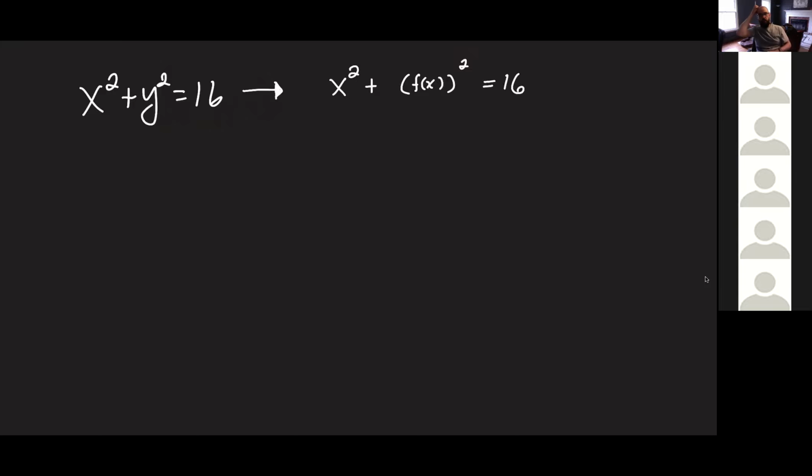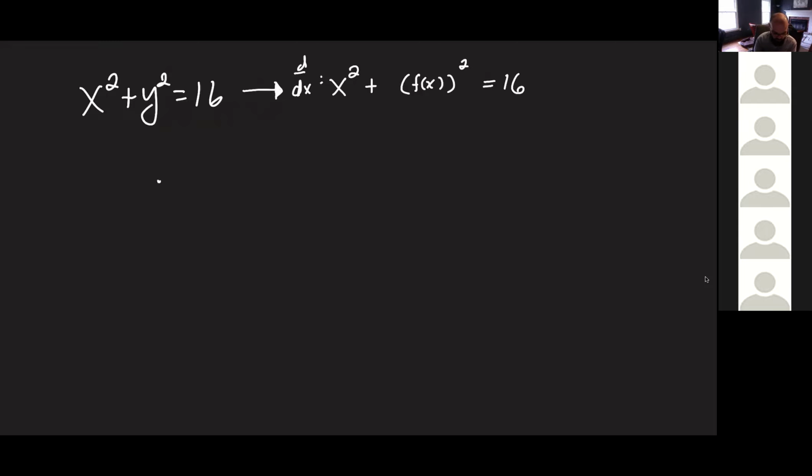Okay, so I'm looking at the same structure, but I'm replacing my y's with f of x's, and then I'm going to take the derivative of this whole equation just like we did before. I'm going to take the derivative of both sides, with respect to x, just like we did in that warm-up activity.